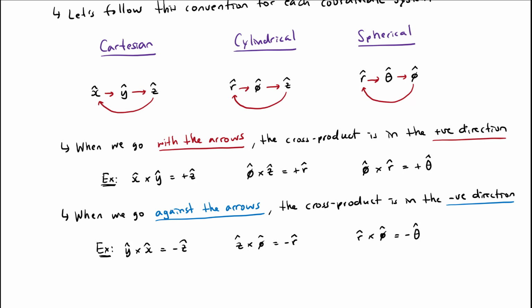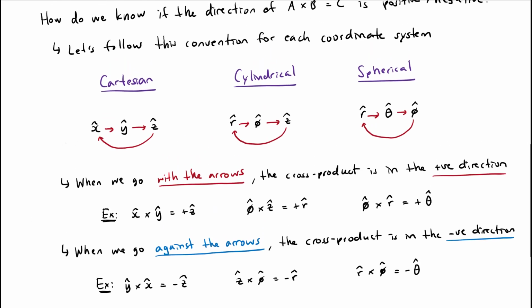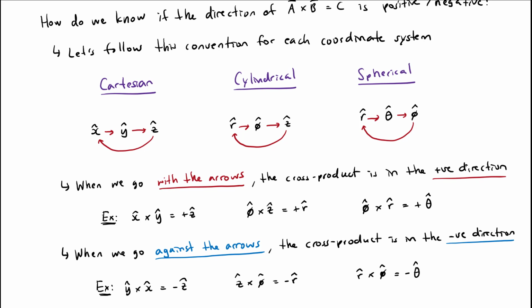So hopefully that gives you a good overview of just the sign convention that we use for cross products. It will become very important in later chapters and examples for you to quickly be able to determine the direction of these cross products.